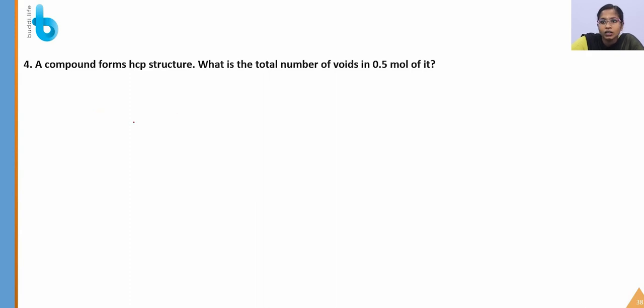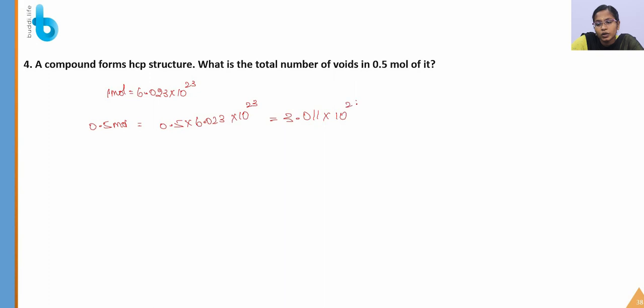So first we will calculate the number of particles present in 0.5 mole of it. 1 mole contains 6.023 into 10 power 23 particles. So 0.5 mole of substance contains how many particles? 0.5 into 6.023 into 10 power 23, that is approximately 3.011 into 10 power 23.